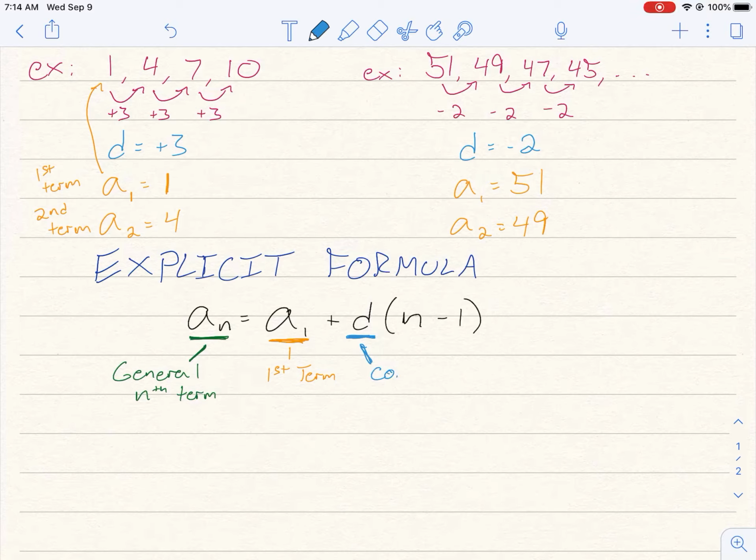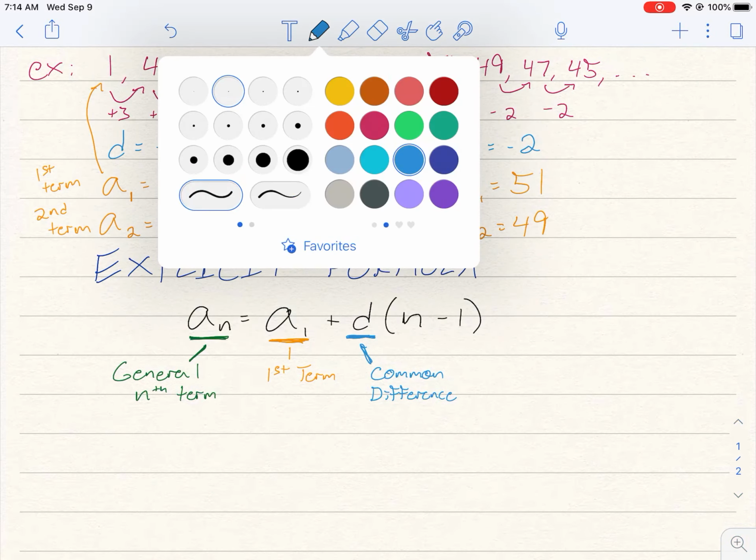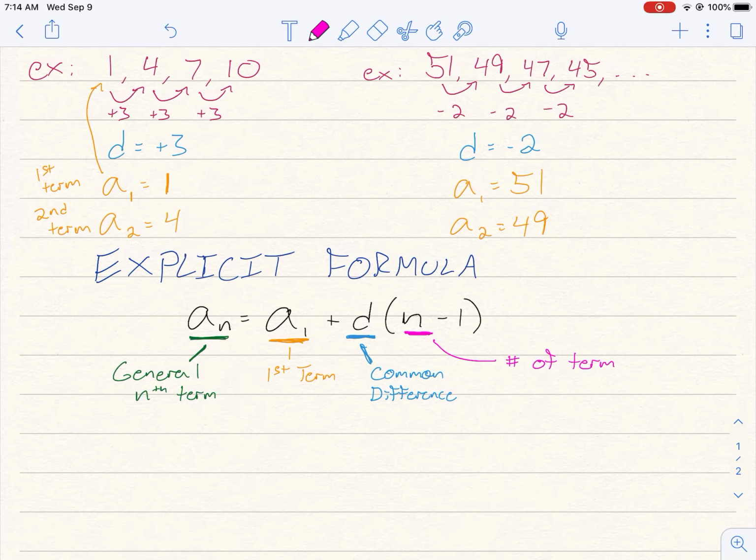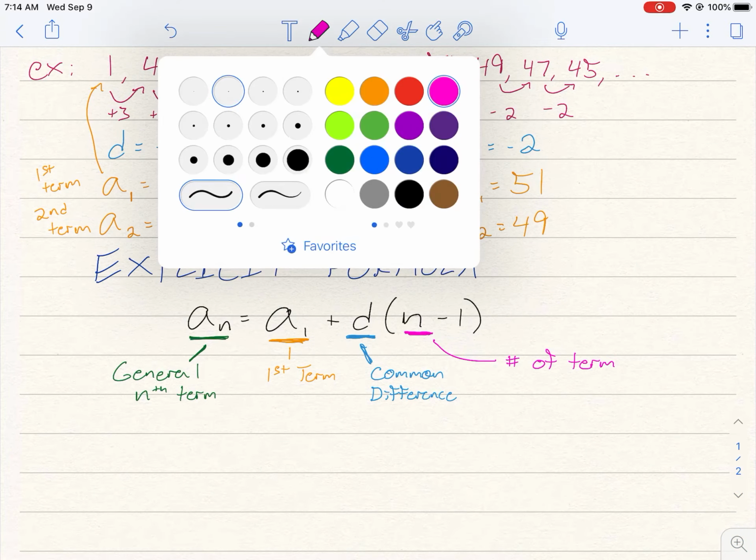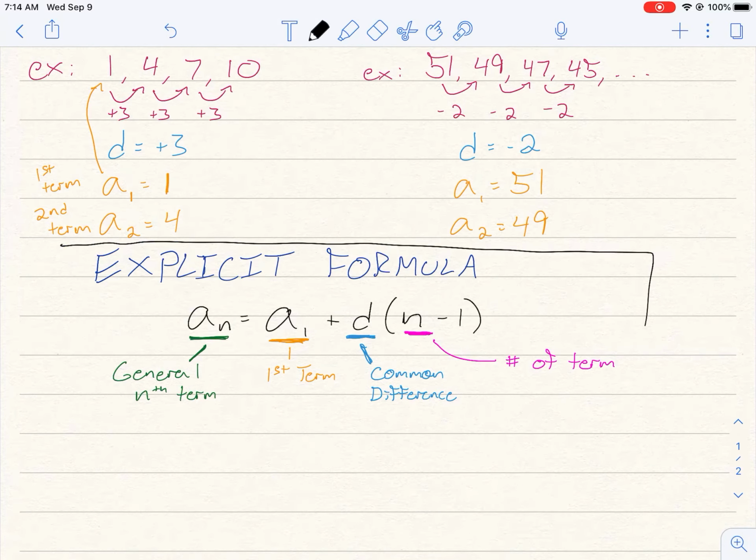That's your common difference. And then finally, this n, this is the number of term, not number of terms, just number of term. So that is the explicit formula. And I'm going to put a box around it here.